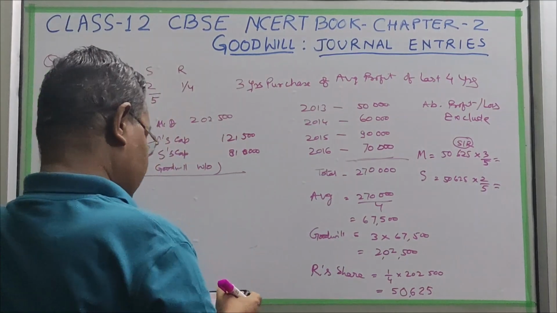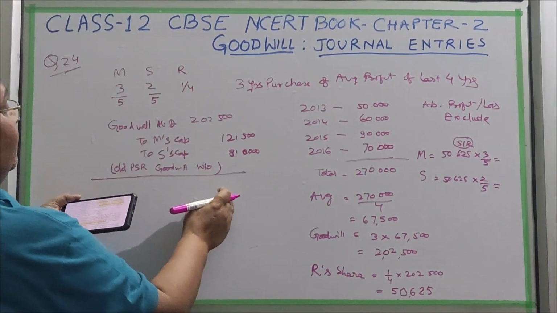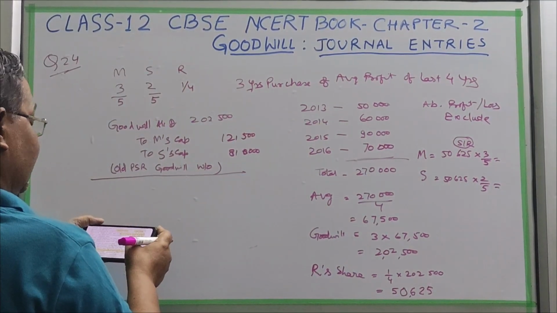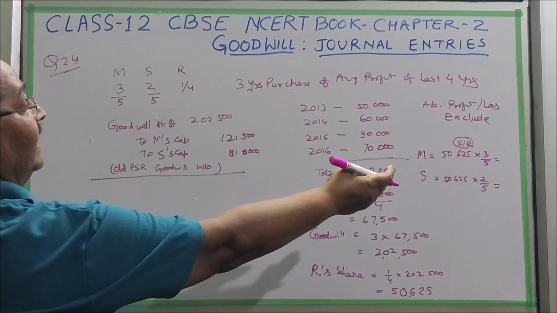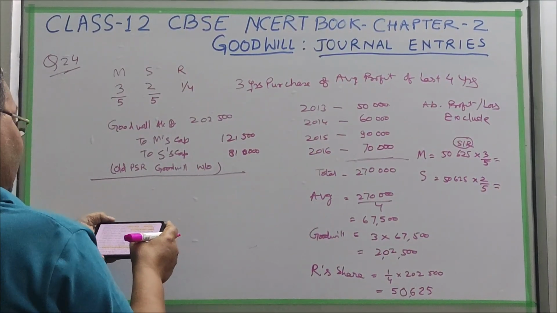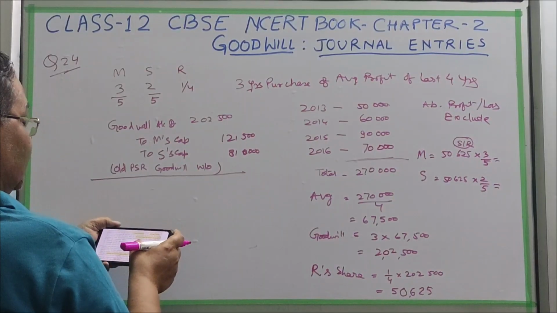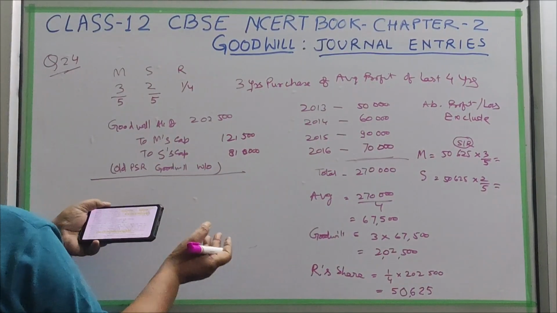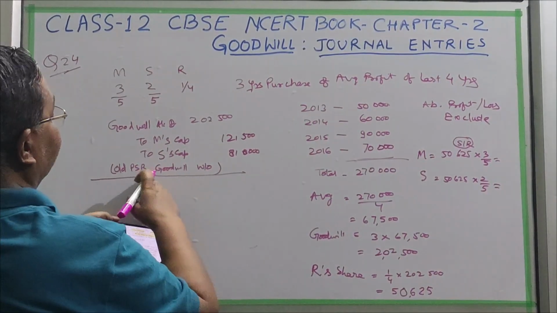Okay. Now goodwill will be written off. Another question is, this amount will be divided to M. Goodwill appears in the book at 2,500. So even if 2,500 is there, it will be written off.